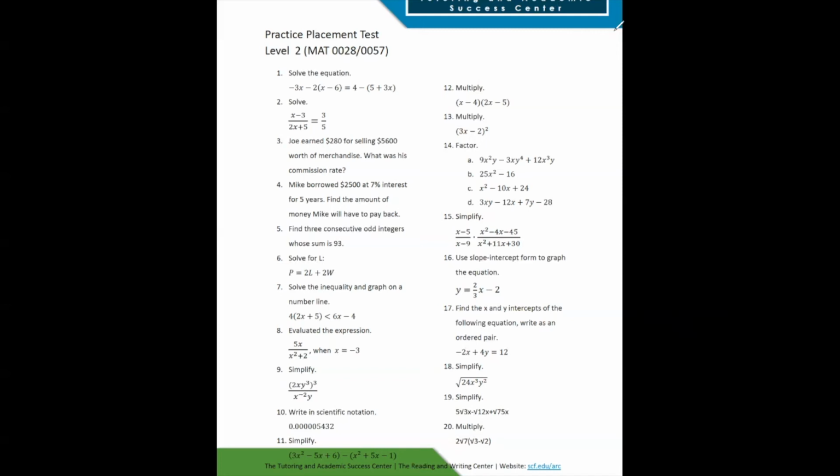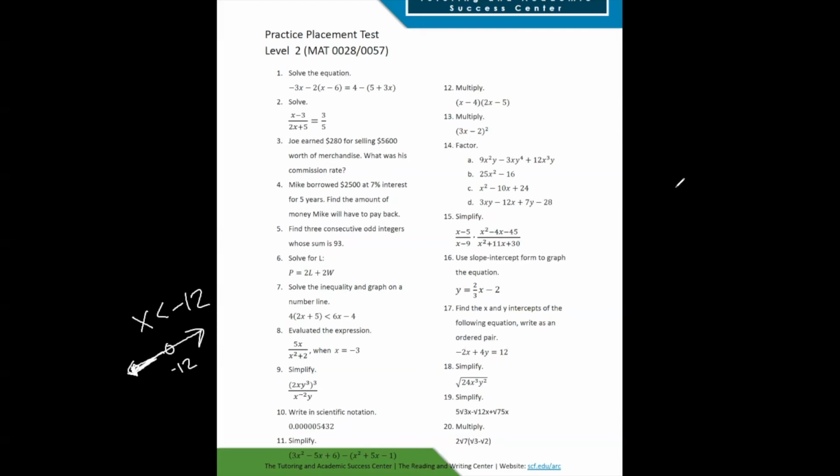Number 7. In number 7, they ask us to solve the inequality and also graph it on a number line. So for number 7, our solution is going to be x is less than negative 12. And on a number line, you're going to have an open circle at negative 12, and you'll be shading everything to the left.